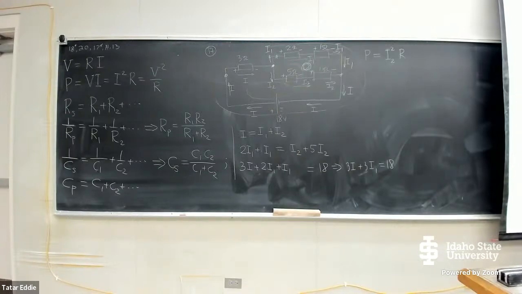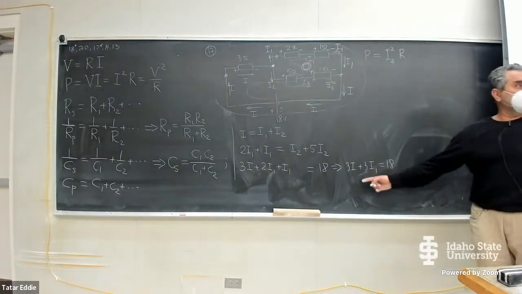Do you need the voltage to make it work? One of the equations always has to include the battery. Otherwise, if you change the battery, you're going to get different current and a different answer. So the battery always is going to enter in at least one of the equations.